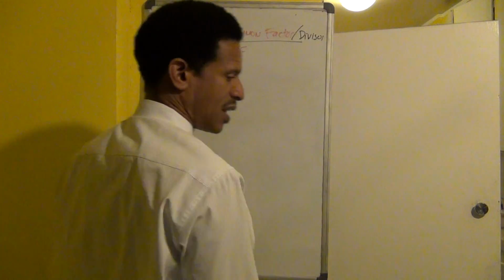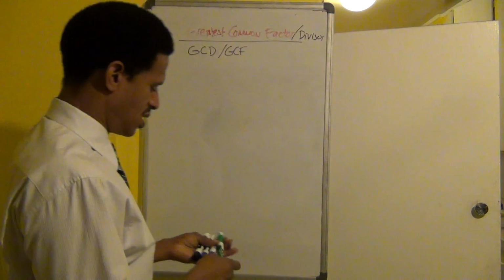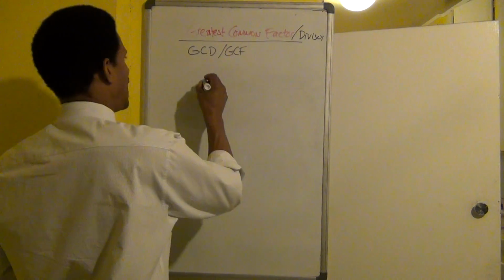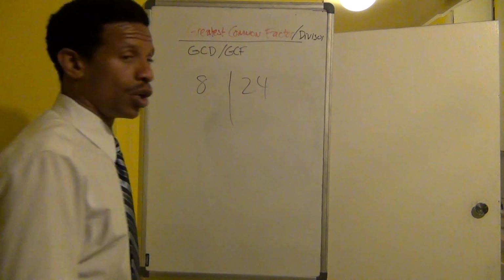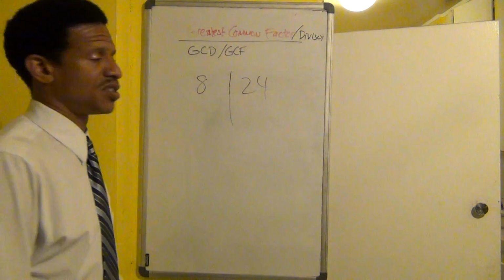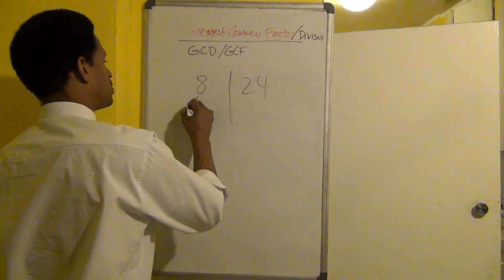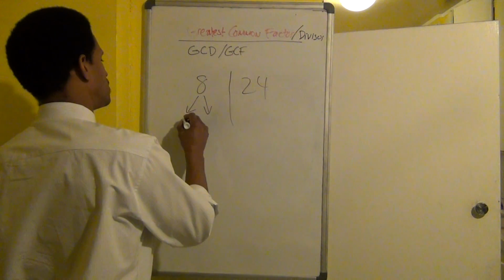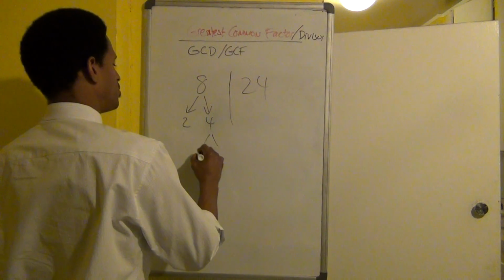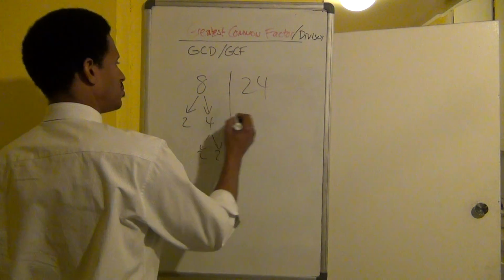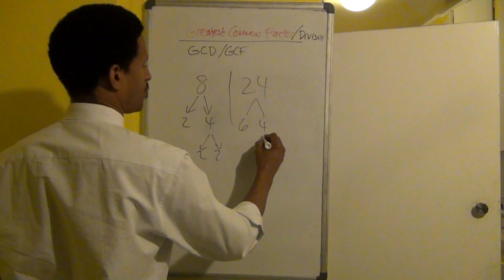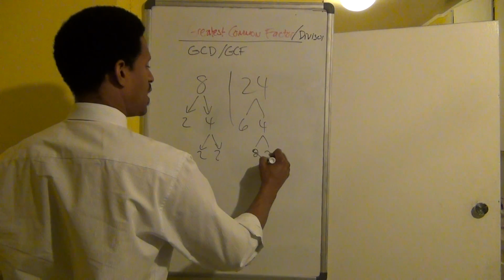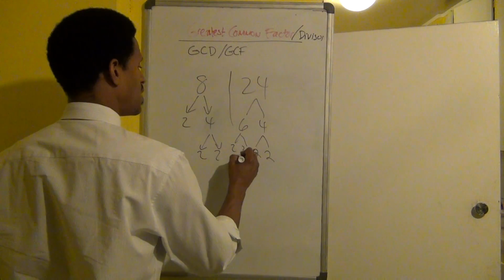Where it's just not that easy to see right away. Let's try 8 and 24. Well, let's do prime factorization just to see. 2 times 4, 2 there, and then I have, what is that, 6 times 4? 2 and 2, 2 and 3.